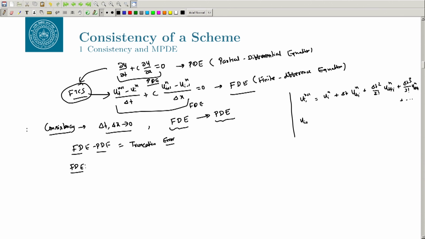And similarly u_(i+1)^n will be expanded, where this is your i and this is your n.